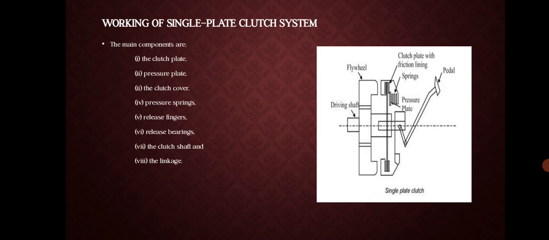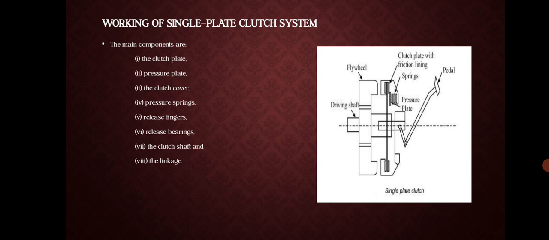Working of single plate clutch system. The main components are the clutch plate, pressure plate, the clutch cover, pressure springs, release fingers, release bearing, the clutch shaft and the linkage.